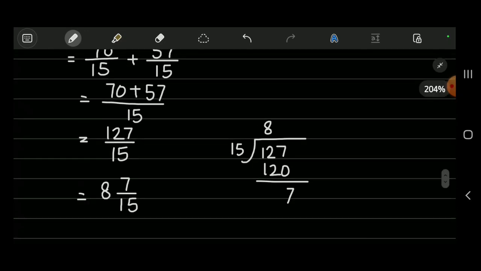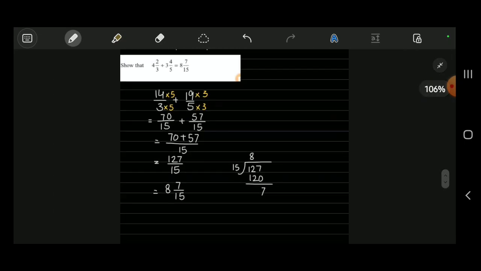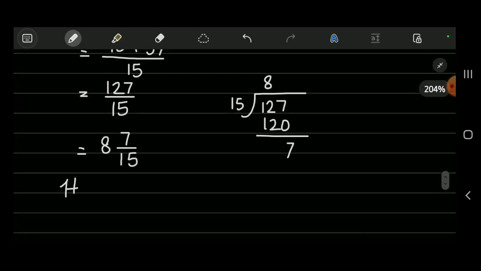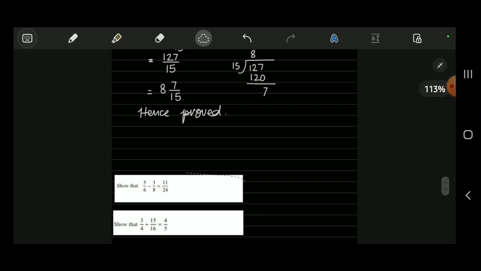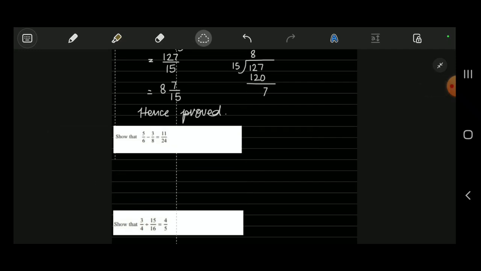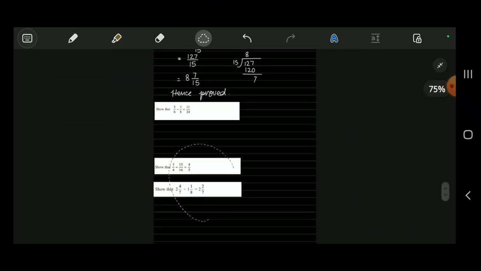This is the final answer. This equals the right hand side, hence proved. In these questions they have already given you the answer, so you have to show each and every step to show your working. Now let's do one question for subtraction.